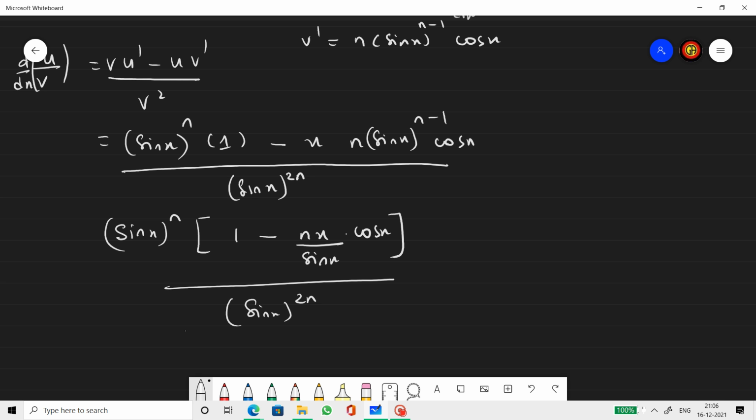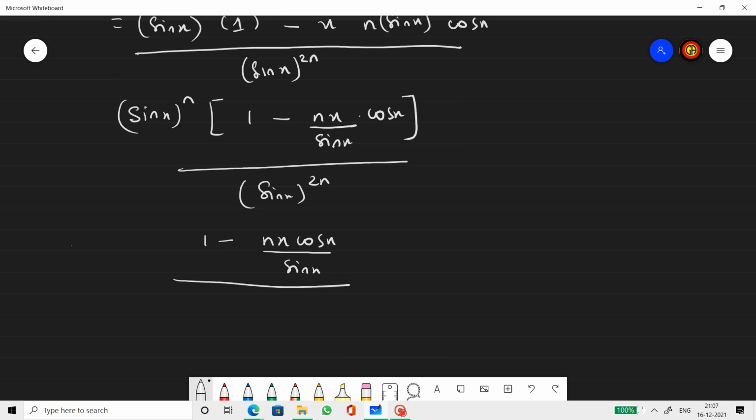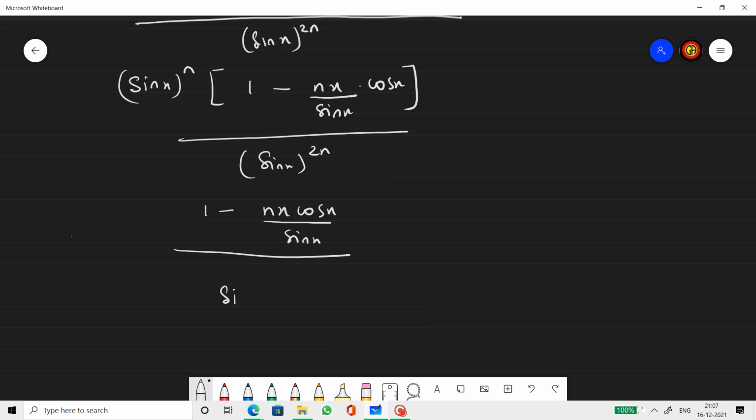Now if you bring this down, the power will become negative. So it will be 1 minus nx cos x by sin x divided by sin x to the power of 2n minus n, which is n. Now you can complete the LCM in the numerator.